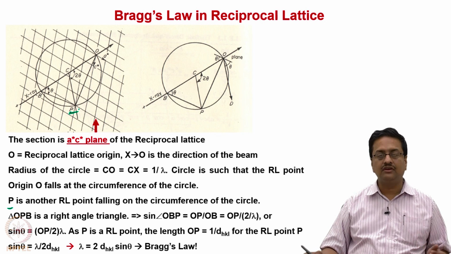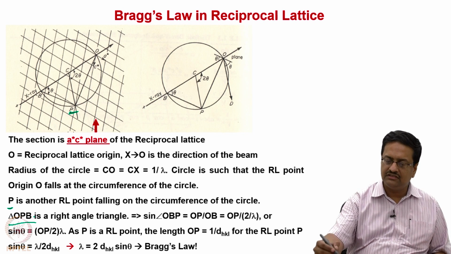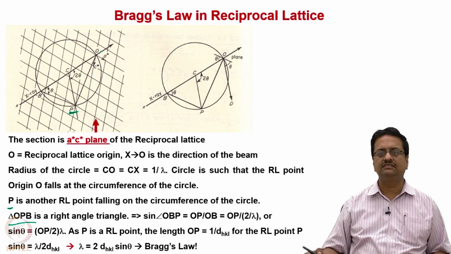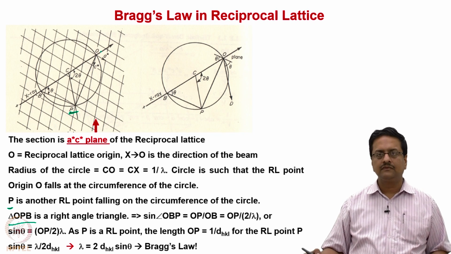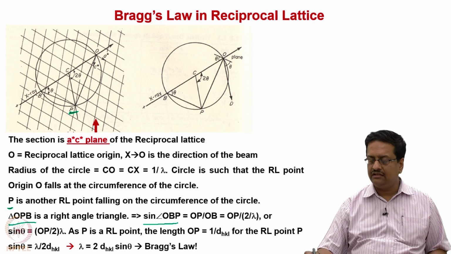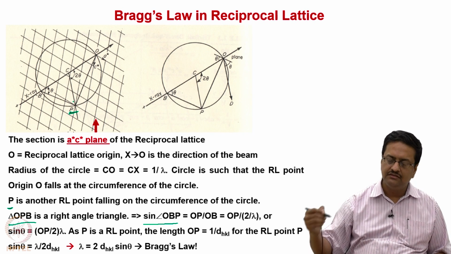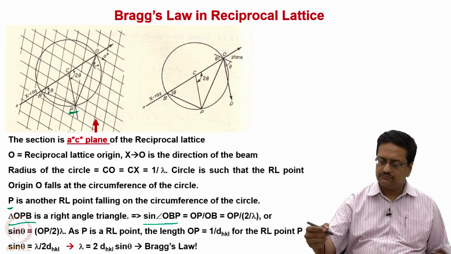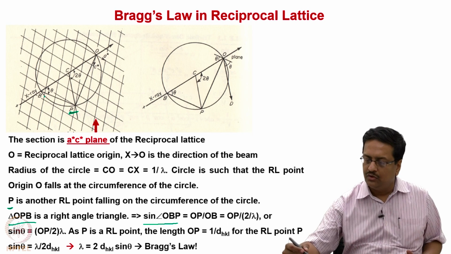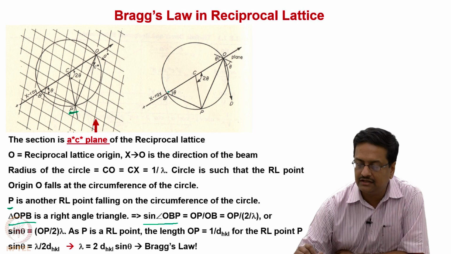So, then we consider a triangle OPB, which is a right angle triangle, and then we try to calculate sine of OBP, where the angle OBP is equal to theta, because, let us concentrate on the figure on the right hand side.